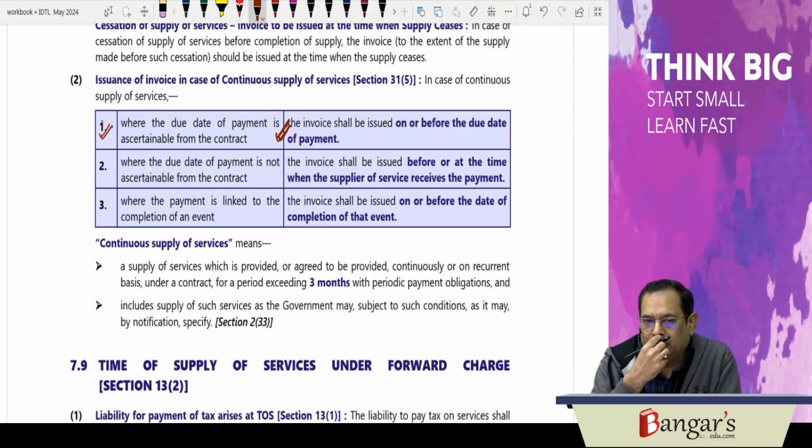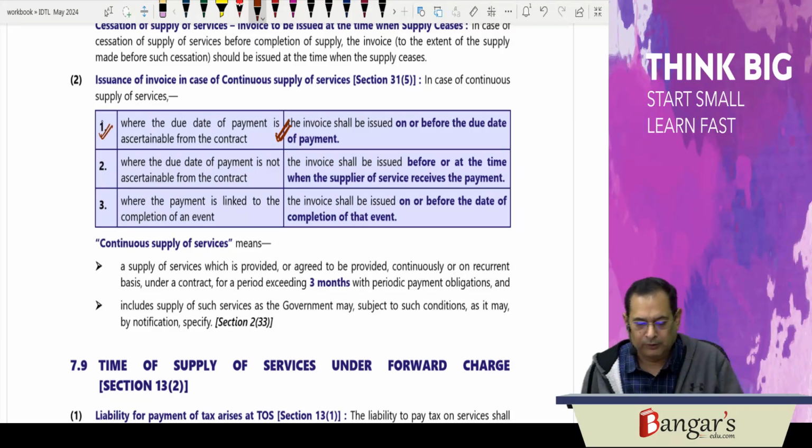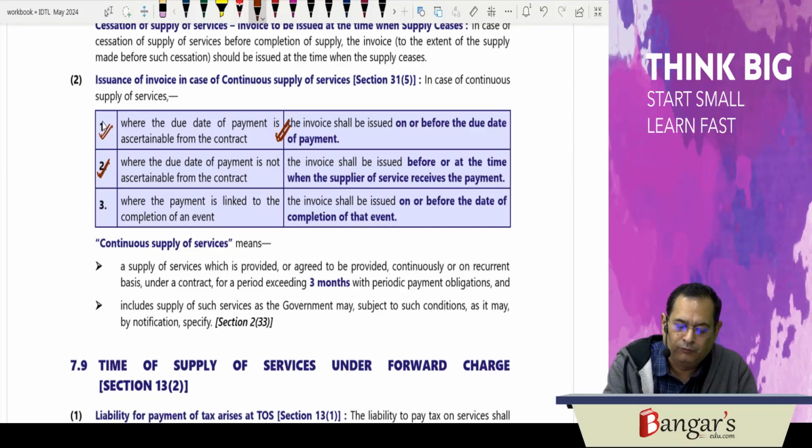If the due date of payment is ascertainable from the contract, the invoice must be issued on or before the due date of such payment.